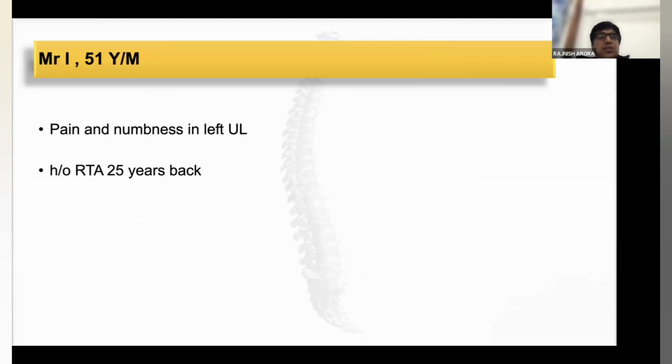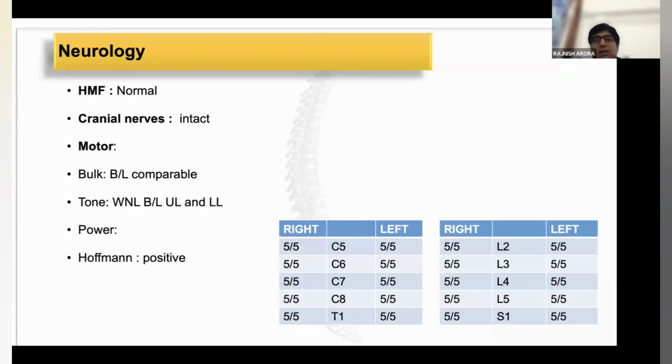The patient did well. The second case was a neglected fracture, which had happened about 25 years back. The patient was normal after the injury, but he now presented with pain and numbness in the left upper limb. On examination, his tone and power were normal.